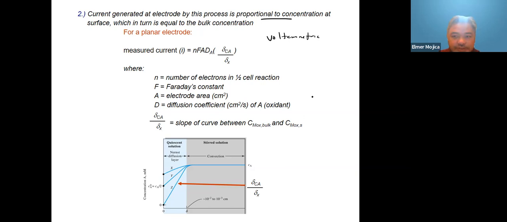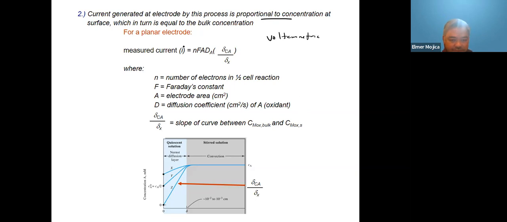So the more ions that you have there, okay, kapag in-apply mo yung potential where the ions are converted into reduced form, the better is the signal that you will get.